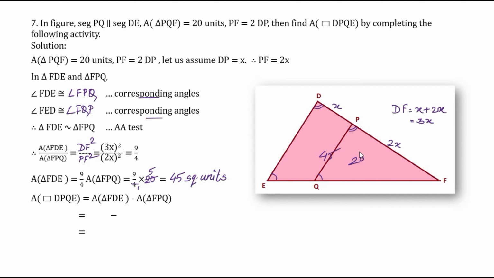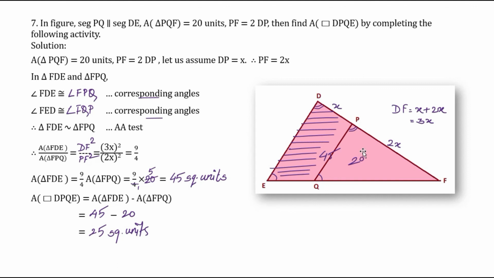So by subtracting these two areas, that is 45 minus 20, we get 25 square units, and this is the area of this shaded region, which I am shading now.